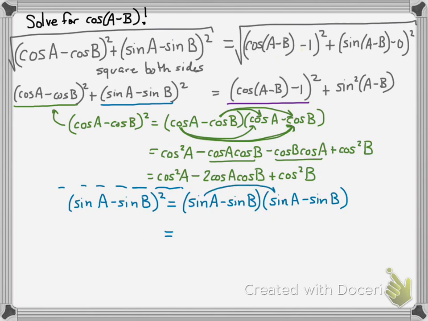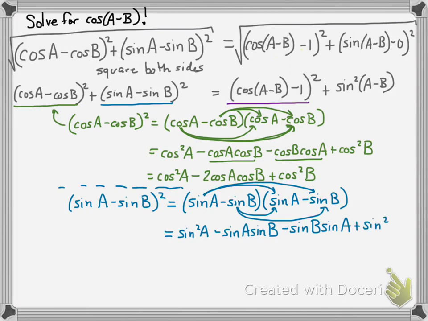Sine of A times sine A is sine squared A. Sine of A times negative sine B is minus sine A times sine B. And then we have negative sine of B times sine A, so minus sine of B times sine of A. And negative sine of B times negative sine of B gives us plus sine squared B. Okay, so this is going to clean up to give us sine squared A minus 2 sine of A sine of B plus sine squared B.